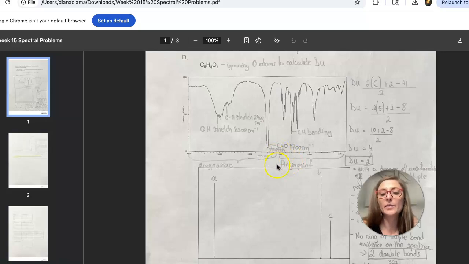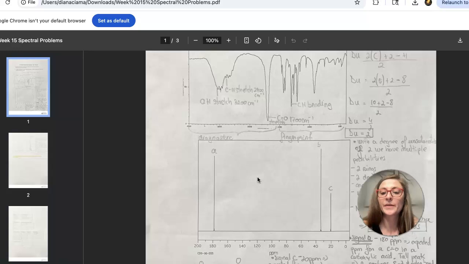And then in the fingerprint portion of this spectrum, which is found under 1500 cm⁻¹, I'm seeing some CH bending at around 1300 cm⁻¹.